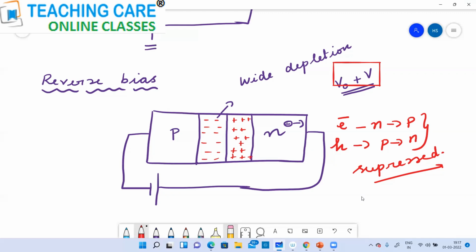Due to the reverse bias, applied DC voltage aids the fictitious battery. Have you written that? Just a minute, I'm going to write that down. During the reverse bias, applied DC voltage aids the fictitious battery developed across the junction.